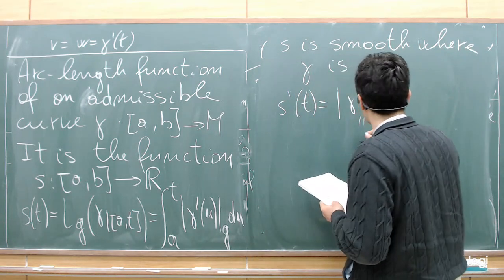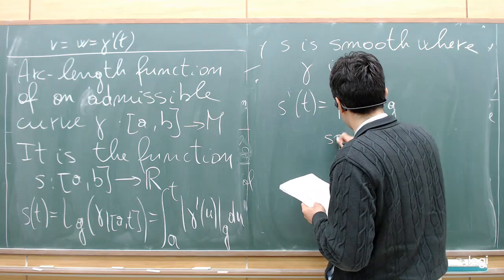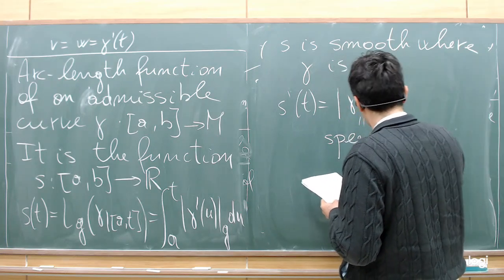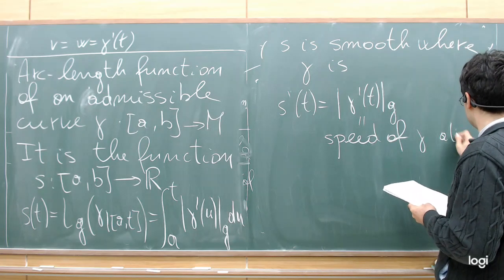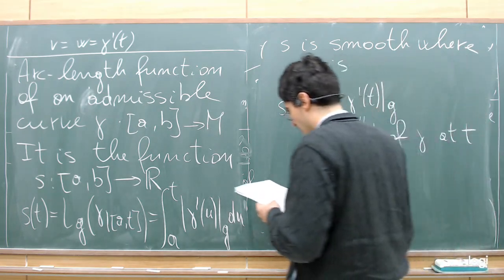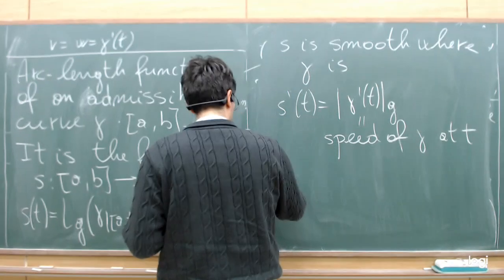This is what we call the speed of gamma at t.